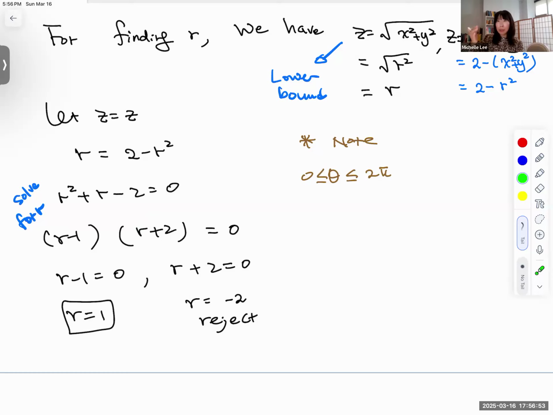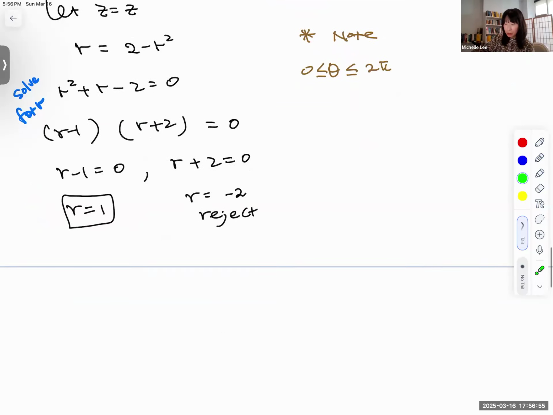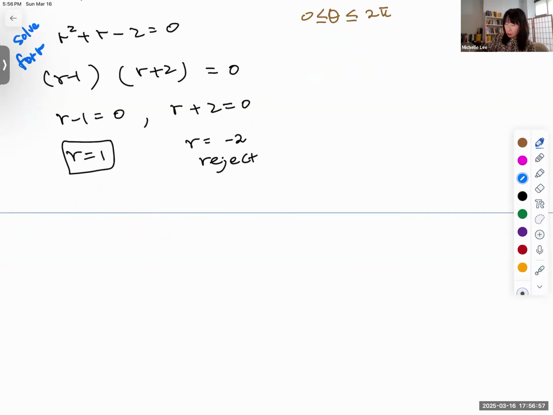Okay, so let's set up the triple integration. Let's put theta at the end because this one is easy to calculate.